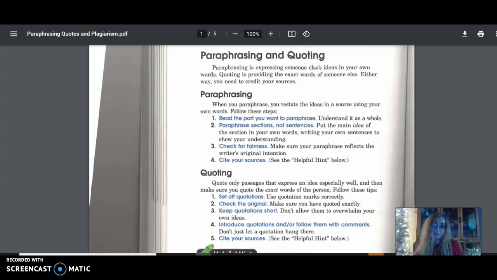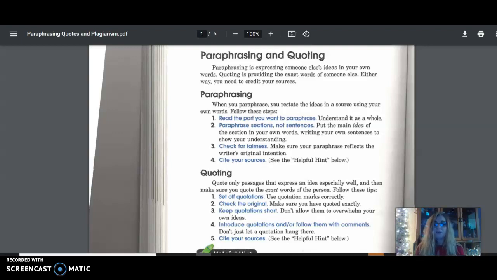Maybe that statistic is in a sentence or maybe only 2 sentences, and that's fine to go ahead and just use a couple sentences. It really does depend upon the information that you're looking at and what you plan to use it for. So while I agree that it is best to look at chunks of information, there will be exceptions to that where you will be possibly just looking at a sentence or 2.